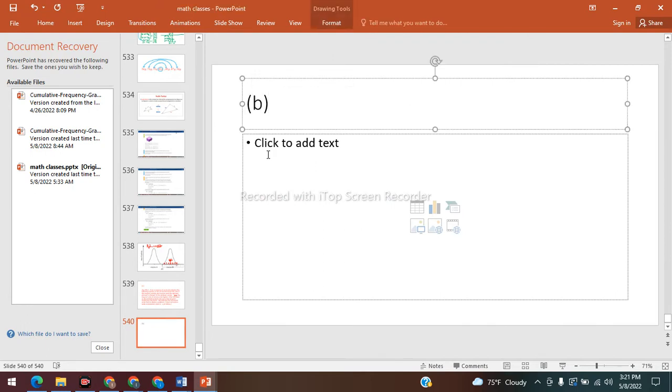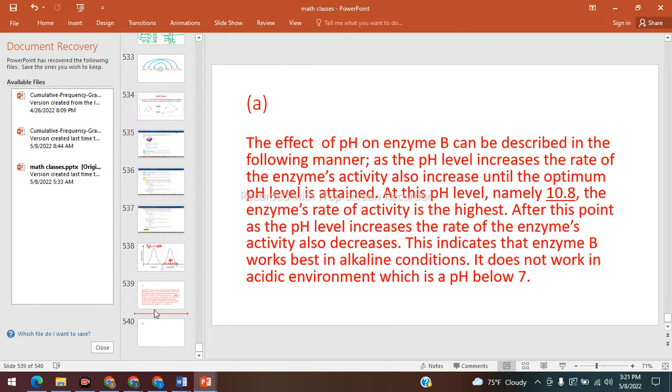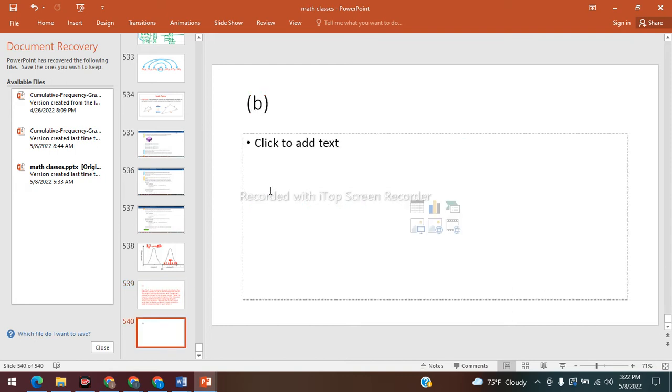So for question B, we could say that enzyme A works in acidic environment, which is a pH below 7.